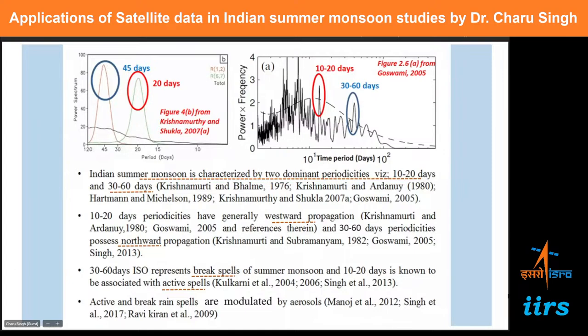It has also been noted that these 2 periodicities are associated with the break and active spell, and rain and the aerosols, which are the suspended particles in the atmosphere, also play a very important role in modifying the rainfall structure by enhancing the break kind of conditions over the Indian core monsoon zone.